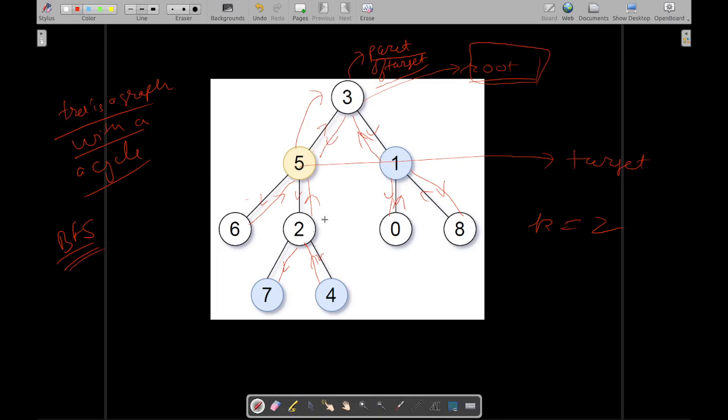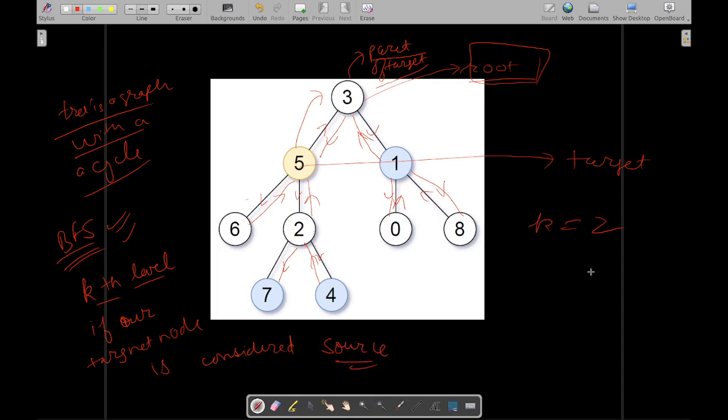We can easily find the kth distance nodes from the target node, because BFS would find all the nodes at the kth level if our target node is considered the source.